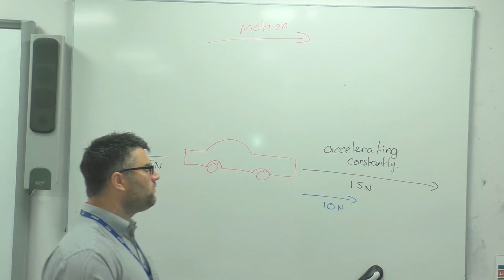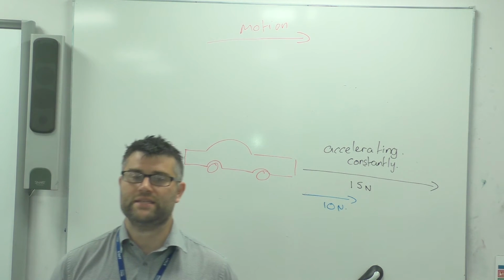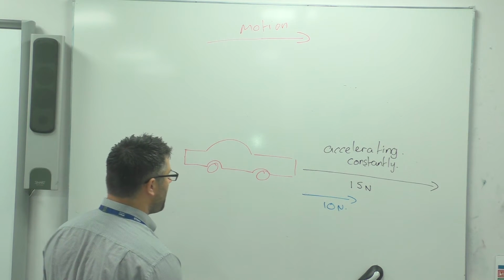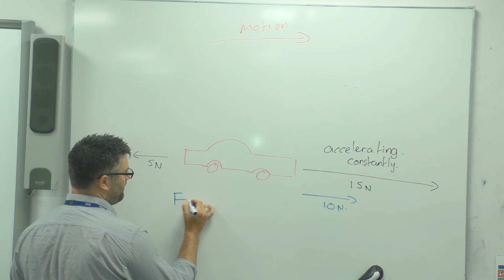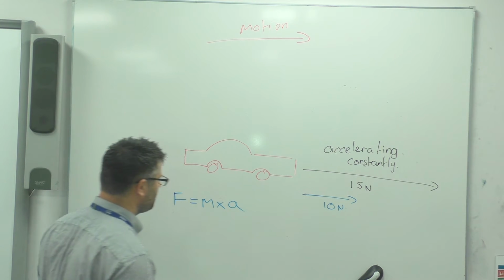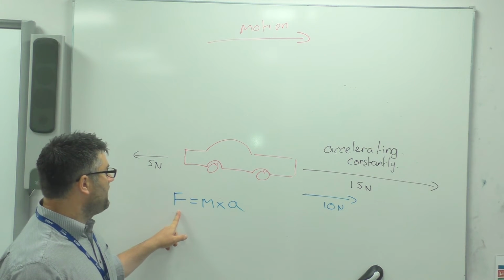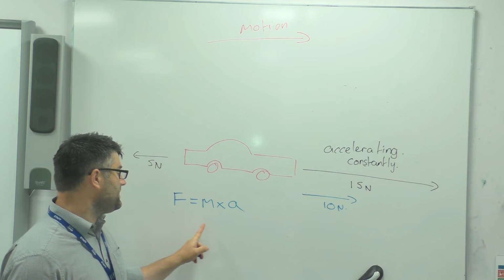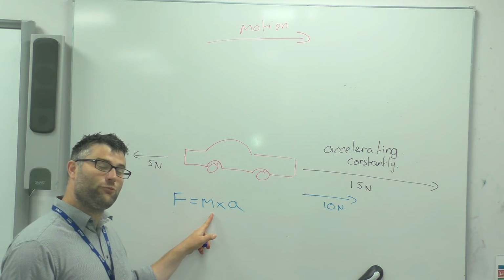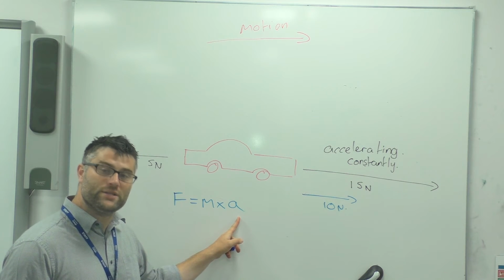So if I wanted to work out what the acceleration of this object is, I need to use an equation. And it's an equation that gets used a lot in physics. Force equals mass times acceleration. Because, as I've just said, I'll repeat the definition of the Newton. 1 Newton is the amount of force required to accelerate a mass of 1 kilogram by 1 meter per second.